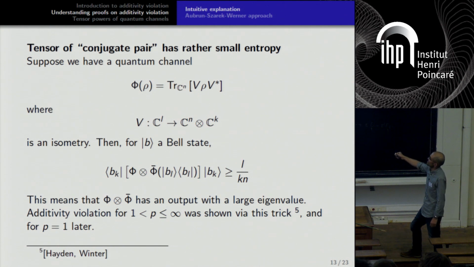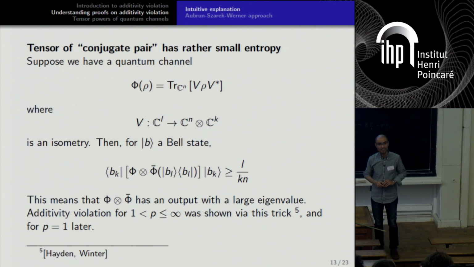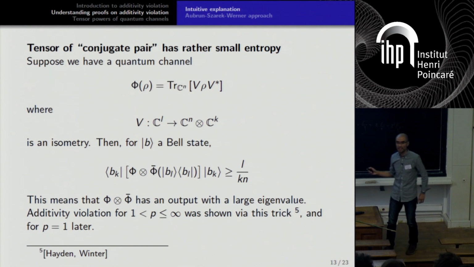This idea was first used by Hayden and Winter, actually Winter, and then other people also used the same technique to get the bound for phi tensor phi bar. Here there is no relation between k and n, k being much smaller than n. Also, I was talking about randomly generated quantum channels, but this bound is true for any quantum channels. We don't have any randomness here.